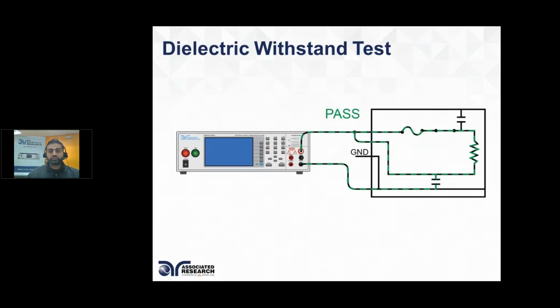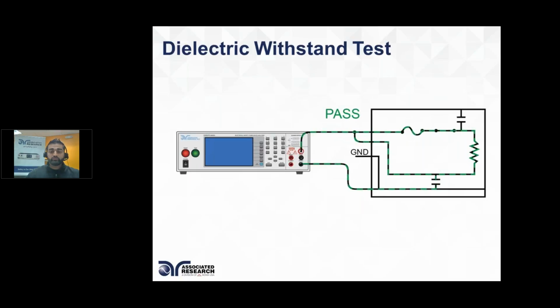So let's take a look at the circuit representation of what a HiPAT test looks like. On your left, you have our HiPAT tester, or the Omnia series tester, which is able to do all the electrical safety tests: AC/DC HiPAT tests, IR tests, ground bond tests, along with line leakage tests. But focusing on just the HiPAT test for a moment, you could see that the product on the right could be a typical product that has a line, neutral and a ground, and ground is normally connected to the chassis of the product.